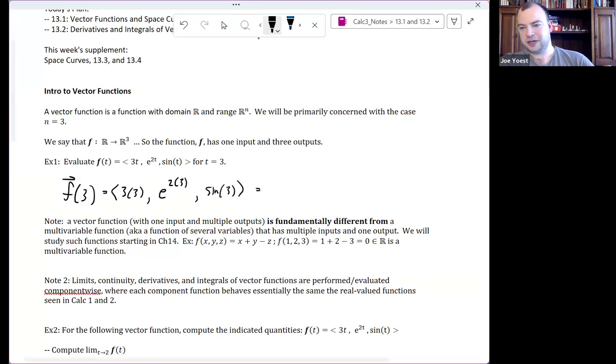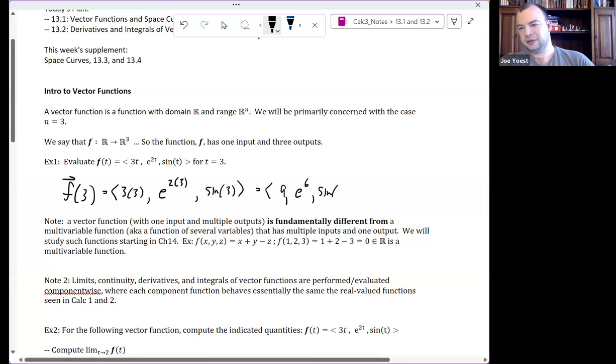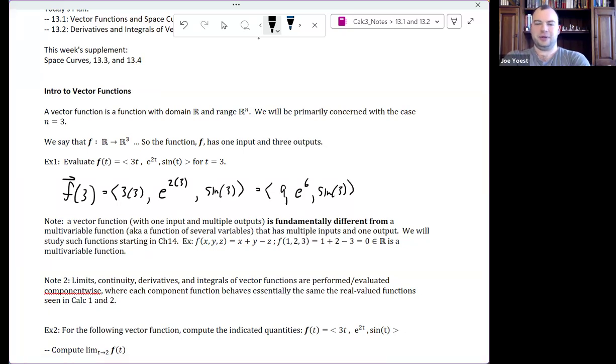Or if we simplify that a little bit, we get 9, comma, e to the 6th power, comma, sine of 3. So f takes as an input a real number, for instance 3, and gives us an output a vector, for instance this vector that has these three numbers as components. This is a vector with three real numbers in each of its components.